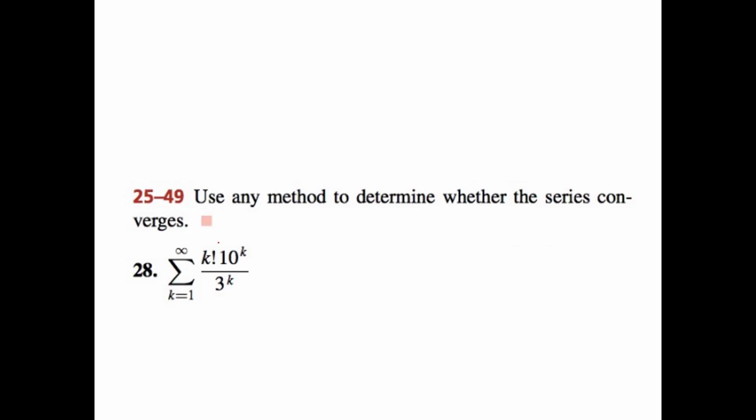Use any method to determine whether the series converges, right? So again, because of the factorial and the power, this might seem like a good application of the ratio test, right? But if you rewrite this, you have k factorial times 10 over 3 to the k.